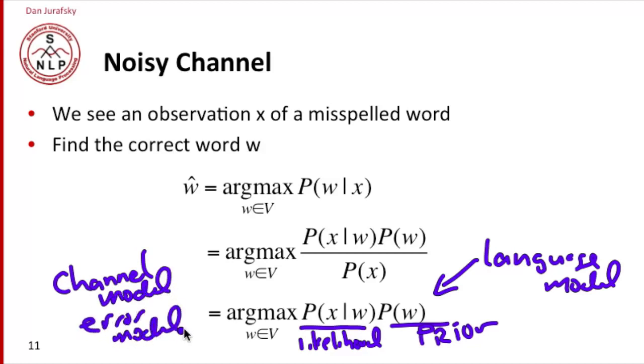So we've got two factors, the language model and the channel model. The intuition is that the language model tells us how likely this word would be to be a word, perhaps in this context, perhaps by itself. The channel model says, if it was that word, how likely would it be to generate this exact error? So the channel model is sort of modeling that noisy channel that turns the correct word into the misspelling.